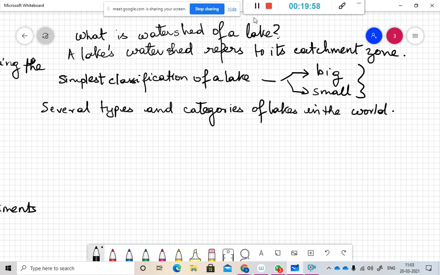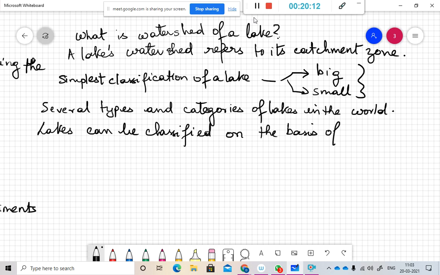These lakes can be classified on several bases. First, on the basis of origin. They can be classified on the basis of trophic level.